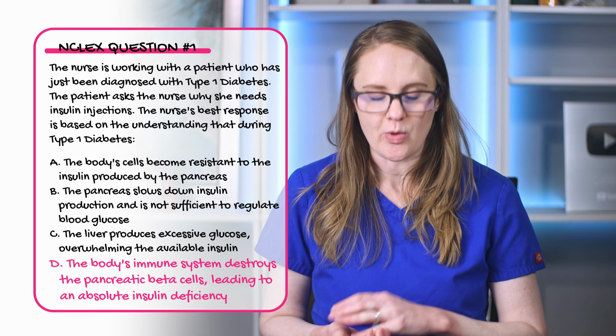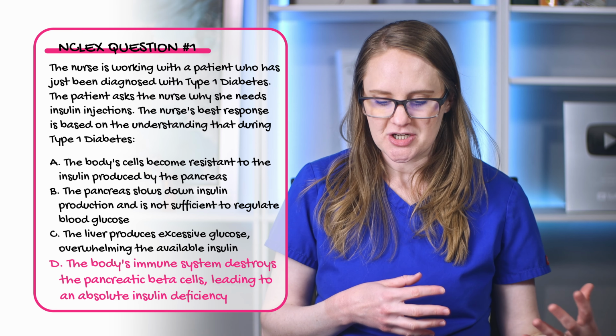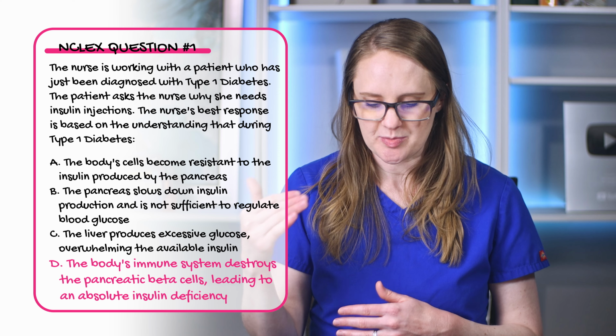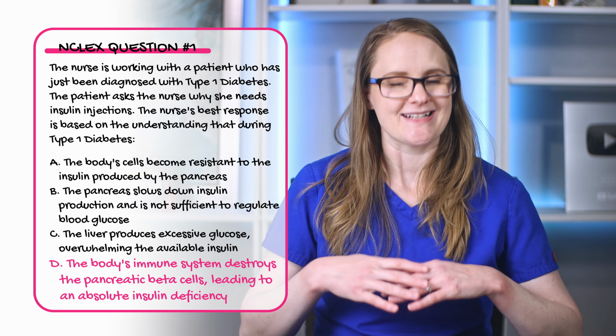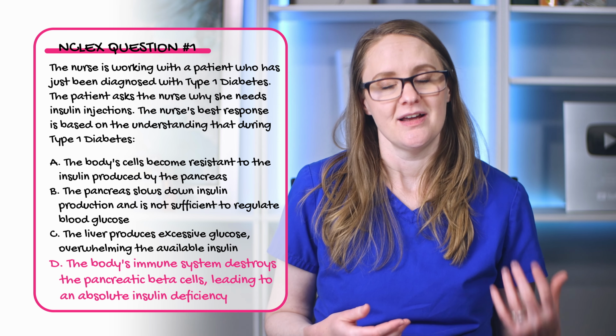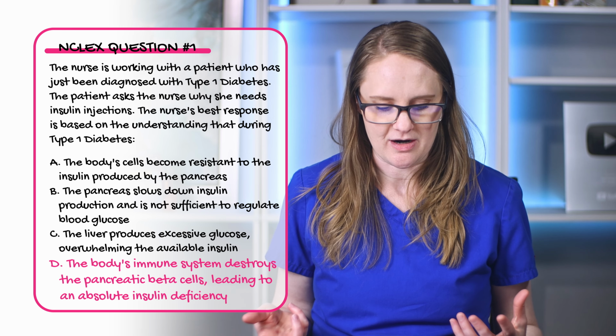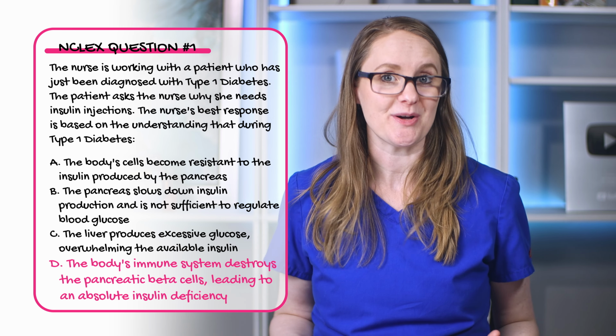Then answer C: while the liver does play a role in glucose regulation, excessive glucose production by the liver is not the primary cause of hyperglycemia in type 1 diabetes. That lack of insulin is the main problem here. So the correct answer to this question is D.